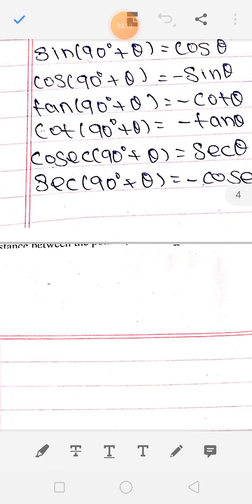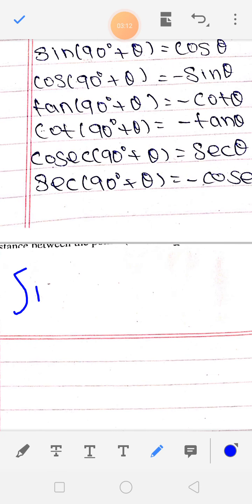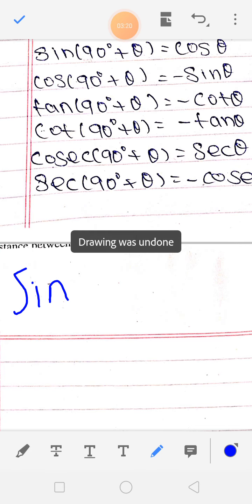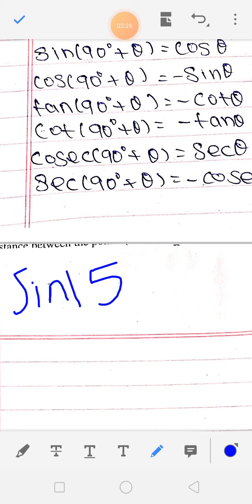How can we use this? Suppose we have a question: sine of 150 degree. We don't know the value of sine of 150 degree.